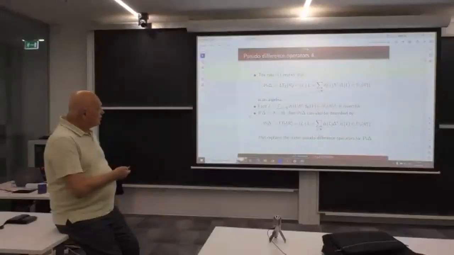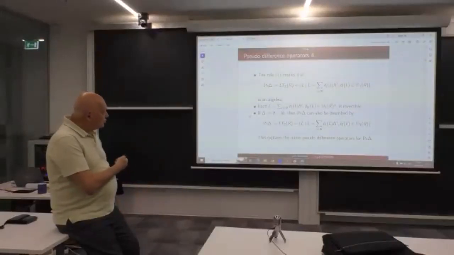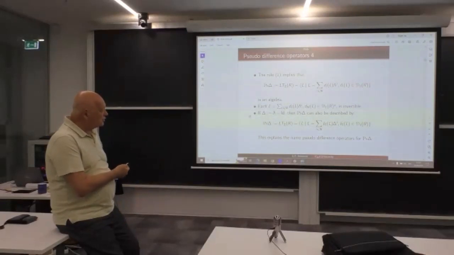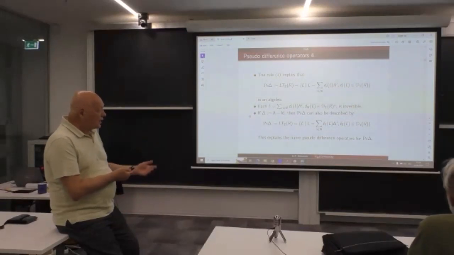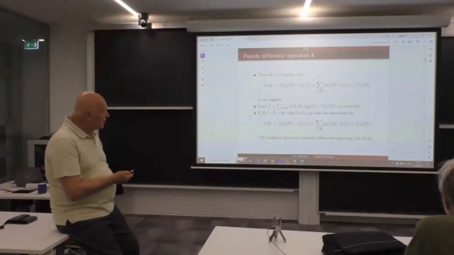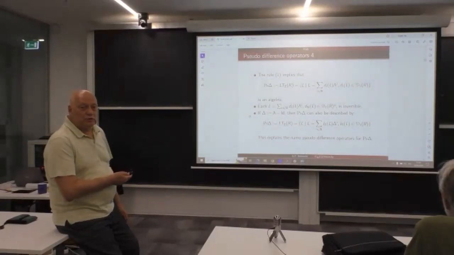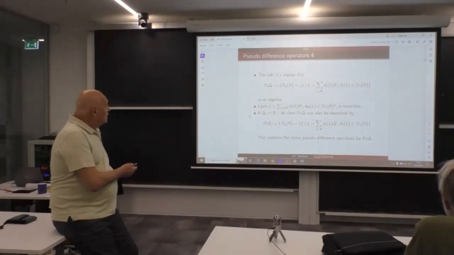Then you can also express all the pseudo-difference operators as a sum of a diagonal matrix times delta to the power i, where delta to the power i is the ith power of the difference operator. And this explains the name pseudo-difference operators.